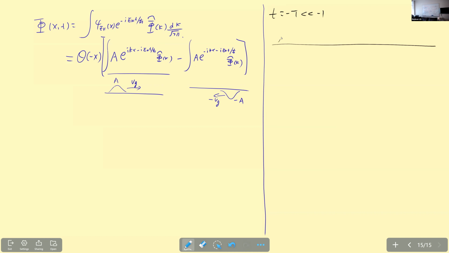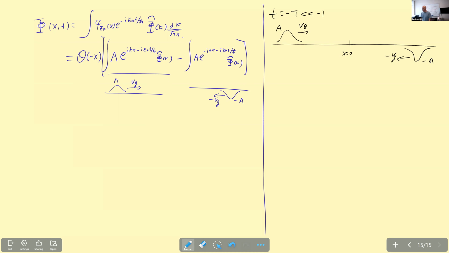One goes from here to the right with Vg, amplitude A. But you have another one, and this is x equals 0. This one will be minus Vg, and the amplitude will be minus A.